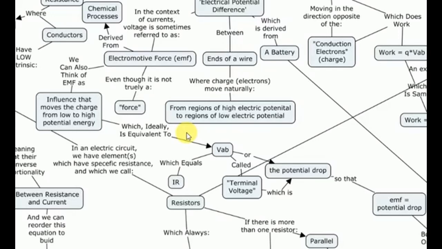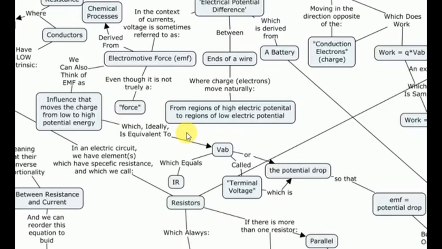But the EMF moves them from the low to the high, and ideally these two opposite influences are equal in magnitude. So the terminal voltage is what we call the voltage on the outside that causes the conduction electrons to move from high to low electrical potential.